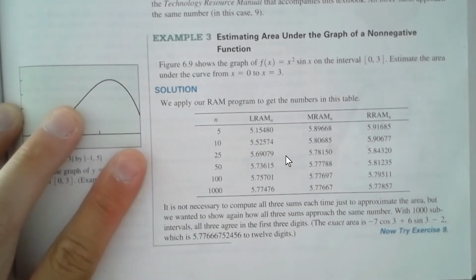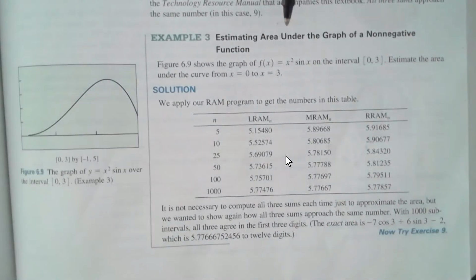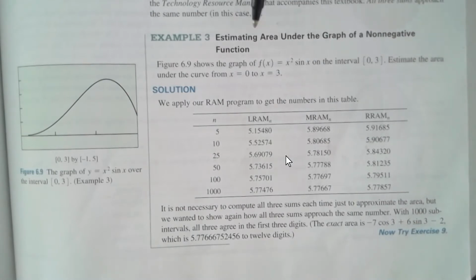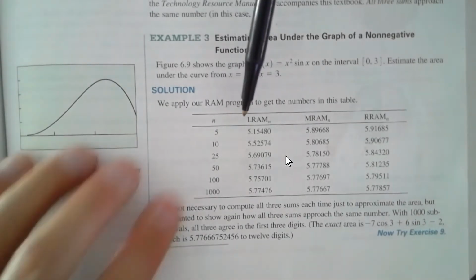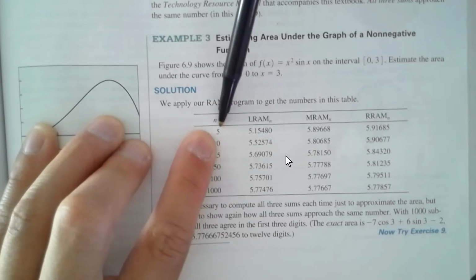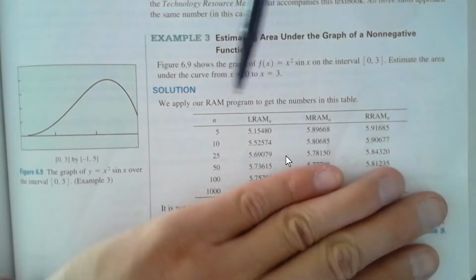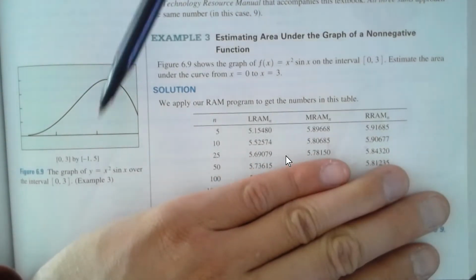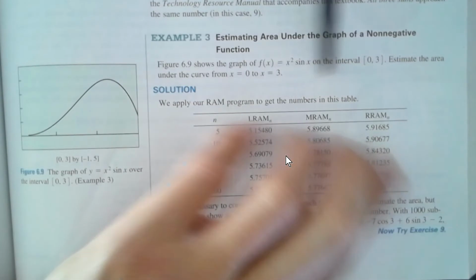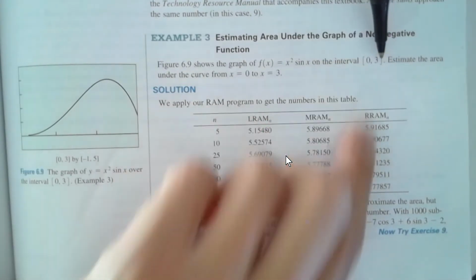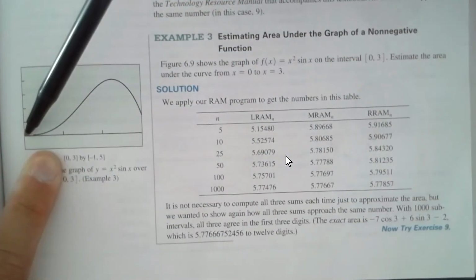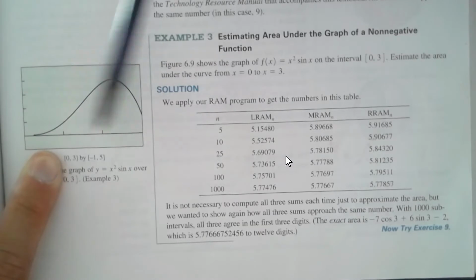I'm not sure if it actually states in here. It's been a while since I've gone through this section of the book, but this is the number of rectangles, and this is approximating the area under this curve, I think, and I forget what the parameters are, between an interval of 0 to 3.